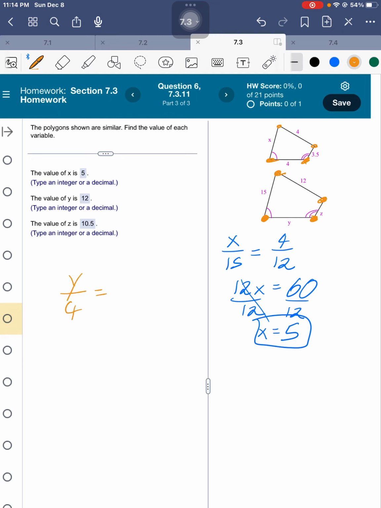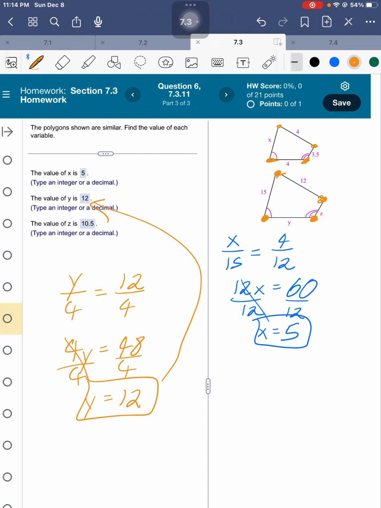Oh no, my Y is to my 4. That's what I did wrong. Y to the 4 is equal to 12 to the 4. There we go. Now I'm going to cross multiply. 4y equals 48. What is 48 divided by 4? y is equal to 12. Is it? Yep, right there.